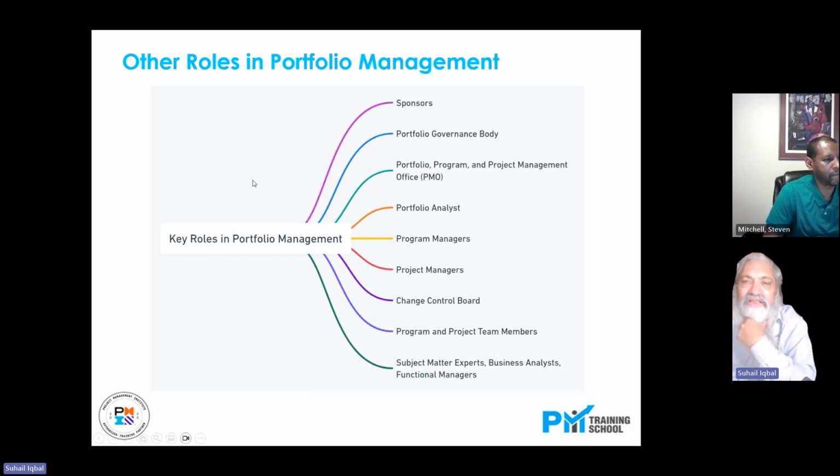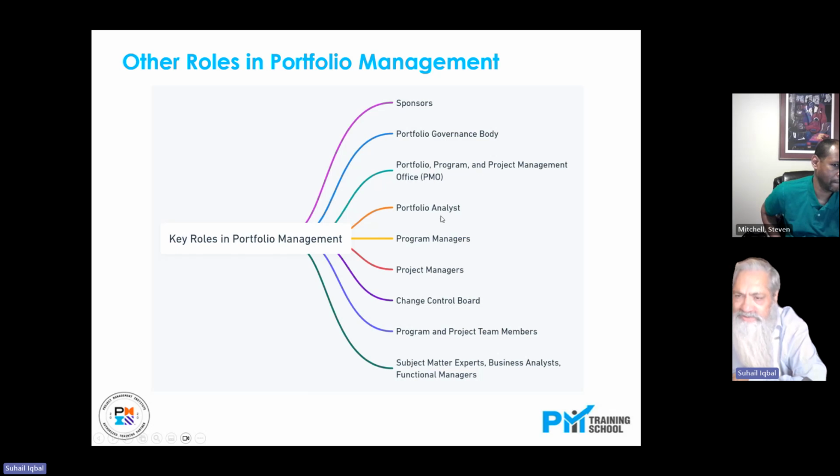Anyways, there are many other roles beside, or alongside, the portfolio manager, which we will see in the portfolio. We have got portfolio sponsors, we have got the portfolio governance body. The portfolio manager interacts with all of them. Then we have got the PMOs of the portfolios, programs and projects. Then we have got the portfolio analyst. That was the role I was mentioning to you.